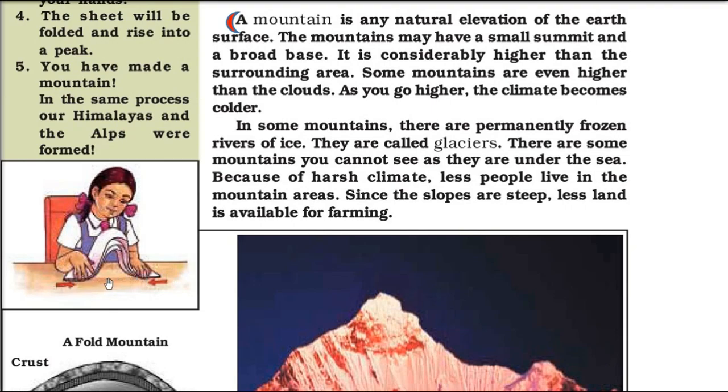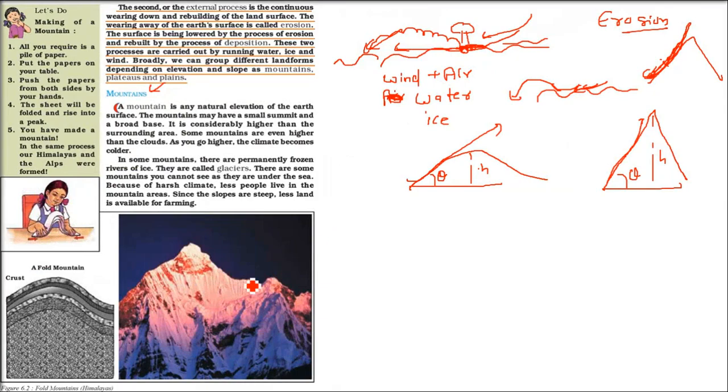Now she placed her hands and pressed them inside, and this has folded, and this is the mountain. The natural elevation of the land, of the earth crust is called the mountain, and the base is quite wide and the peak can be smaller. So you can distinguish it widely from the nearby areas.